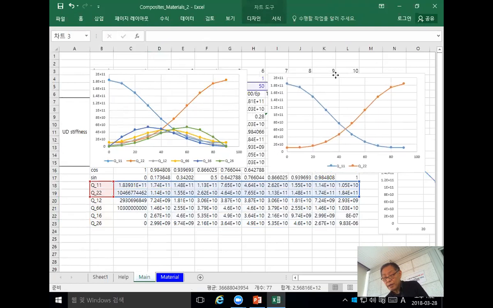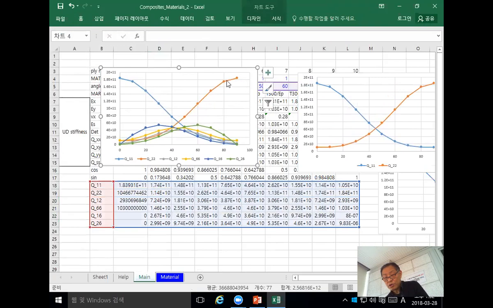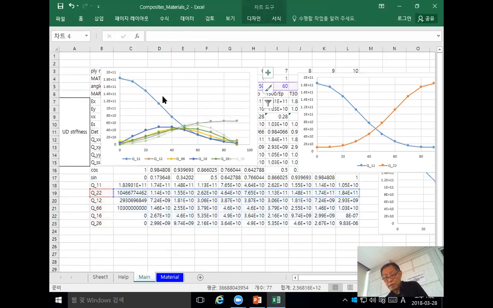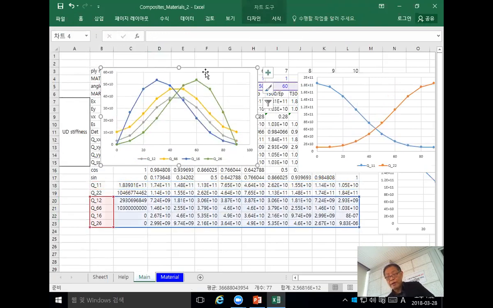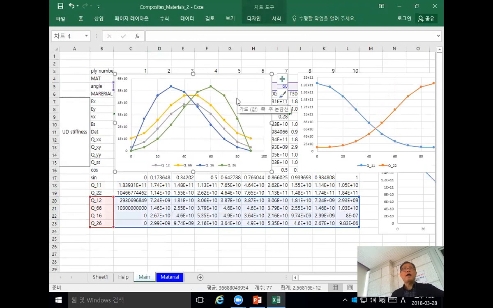Okay, it's the same thing, but I like to just delete these two guys to magnify. So this graph shows us how this all-axis stiffness varies along the angle. But it's not easy to predict the value, but we do need to understand how each value varies.